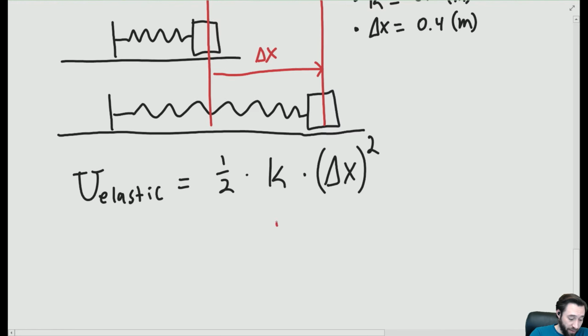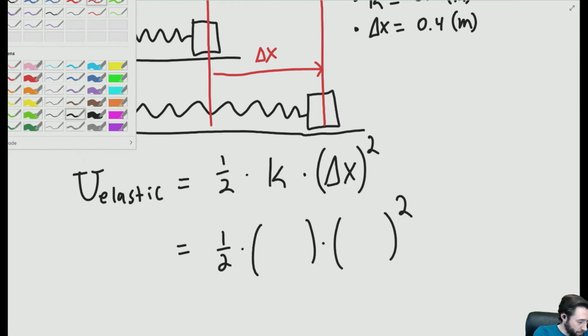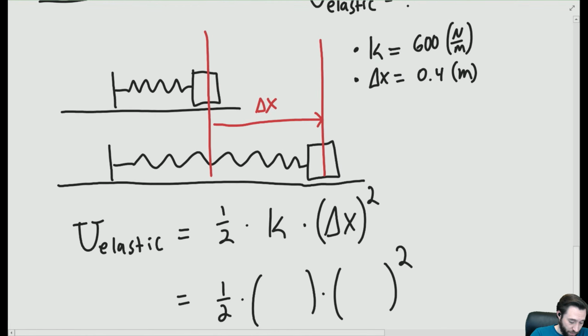So I'm given the value for spring constant and delta x, so I literally just plug it in. So spring constant was 600.